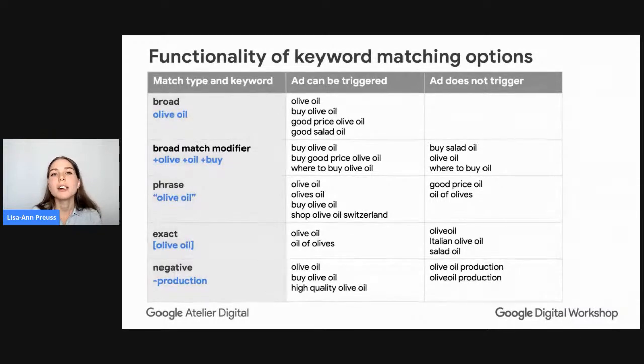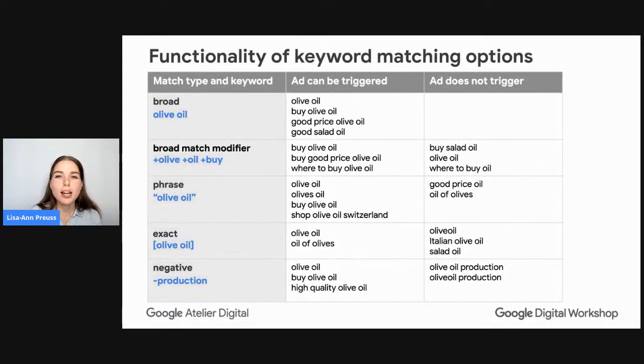That's why you can opt for the so-called broad match modifier matching option. And this is where you add a little plus before each word. That way, this word or a very similar word will have to be searched for to have your ad be triggered.